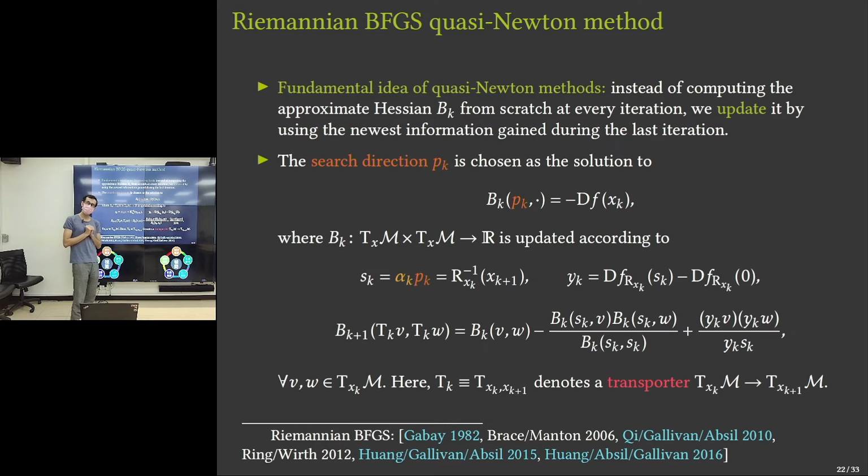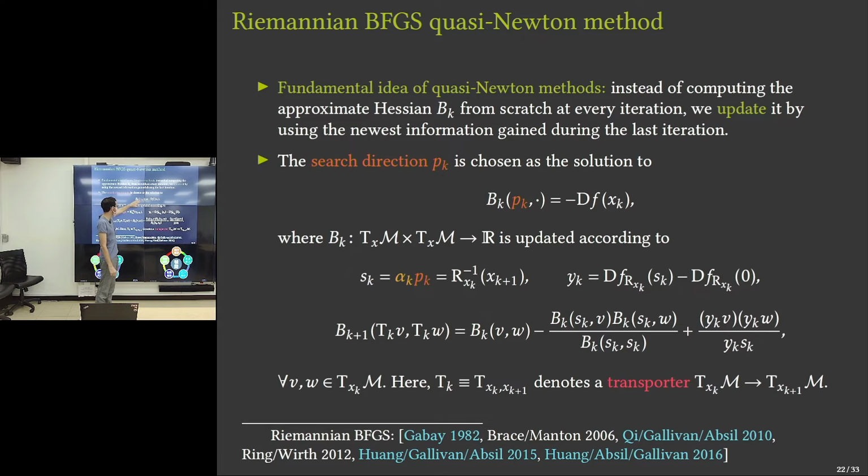So that's the reason why I sent you some notes, because there are really many things. Here I wanted to focus just on the tools from Riemannian geometry that allow us to generalize the classical BFGS to Riemannian manifolds. So the search direction is chosen as the solution to this kind of equation. Here you have a differential.